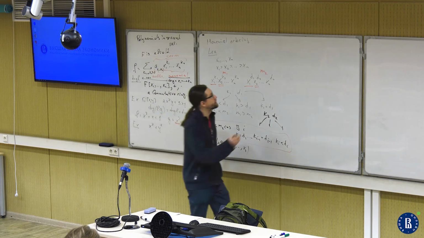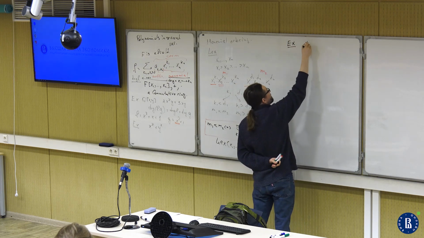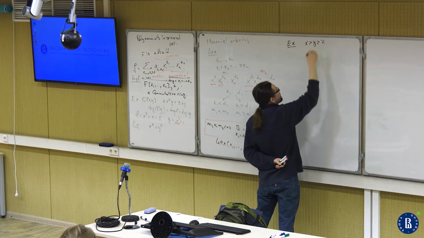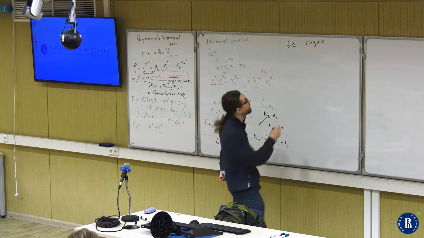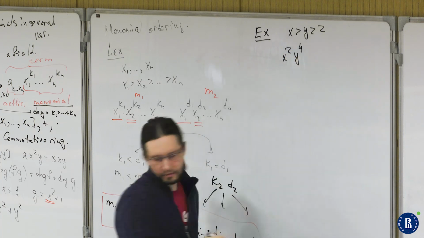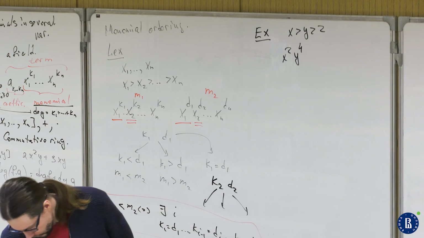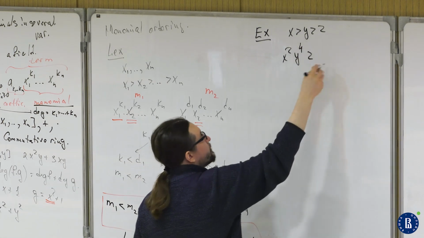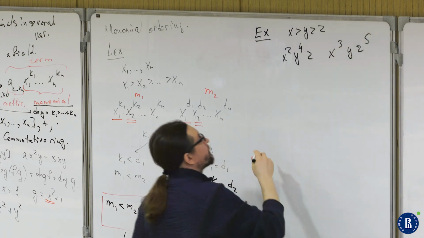Just in case, an example. Suppose we have three variables, x, y, and z. Let's say x squared y to the fourth z, and x cubed y z to the fifth.